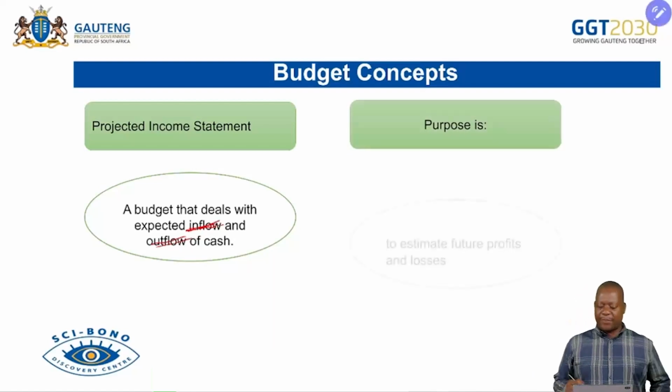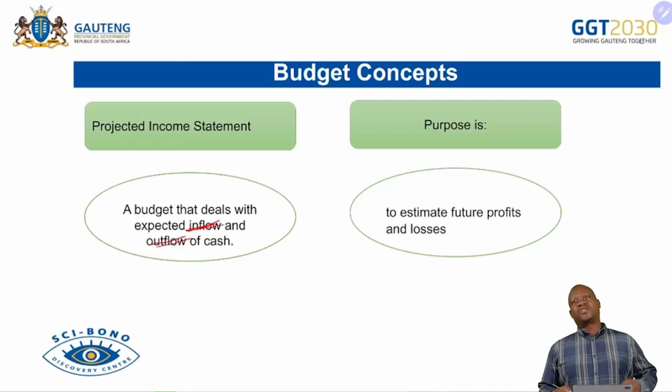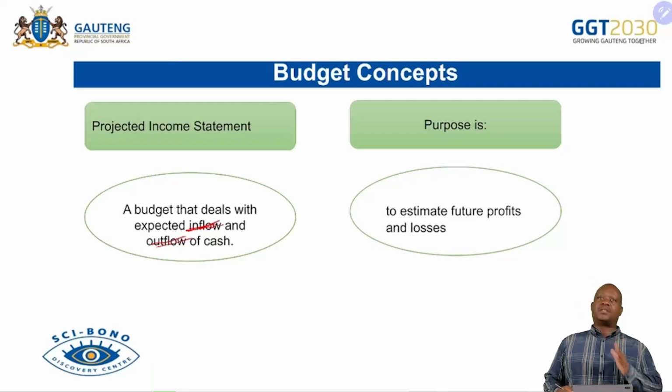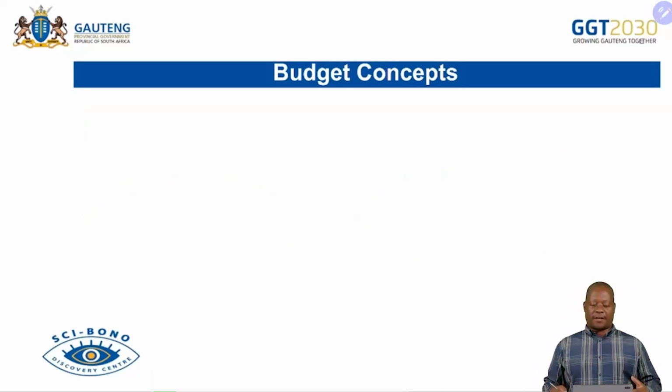Now, what is the purpose of our projected income statement? We want to try and estimate our future profits and losses. So we are preparing the same income statement that has income and expenses, but projecting into the future and checking what might be our expected profits as well as losses in future.